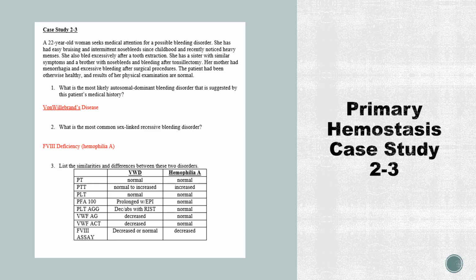A patient with factor VIII deficiency, also known as hemophilia A, would be increased. So we'd have prolongation there. Platelet count would be normal in both. Platelet function assay 100 would be prolonged with epinephrine and normal with hemophilia A.